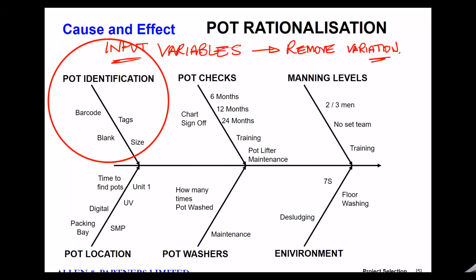Let's take a look at what was concerning him. So the first thing he identified is the fact that they had, I think he said to me, 3 different ways of identifying the pot. So you can see there's barcodes, there's tags. Some of them don't have any information at all. But there are the variables, different ways of identifying the pots.